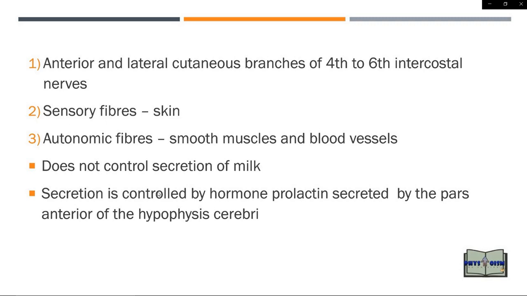And they do not control the secretion of milk, because the secretion of milk is controlled by the hormone called prolactin, which is secreted by the pars anterior of the hypophysis cerebri. I hope you all got this.